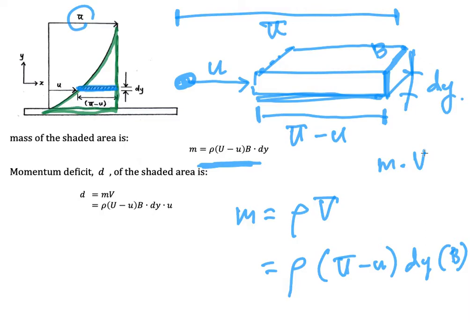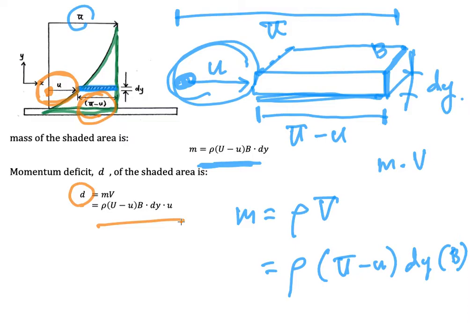Here the velocity must be small u, because the molecule is moving with small u velocity. So please do not take capital U minus u as your velocity. That is the reduction of the velocity. And then we have the deficit momentum. For example, we write a small d here, which is m times velocity. So we have rho, capital U minus u, b dy, times u.